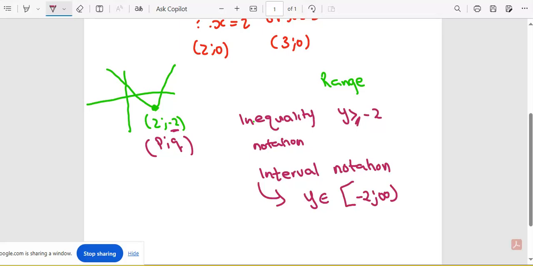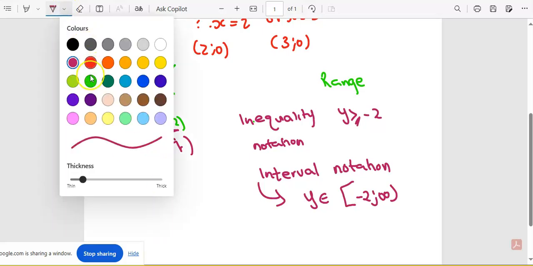So now, this is a point at y equal to minus 2, so we use a square bracket. Why do we use a square bracket? Do you know why? No, sir.